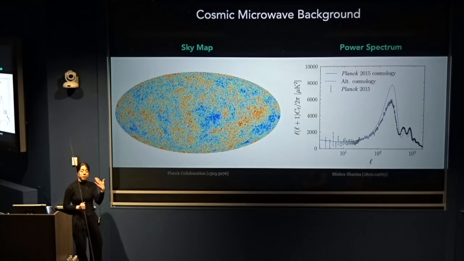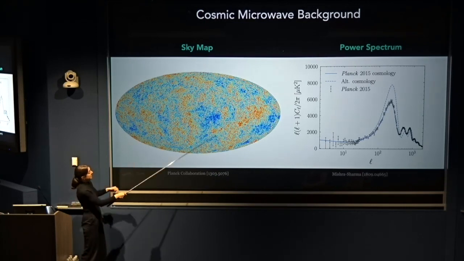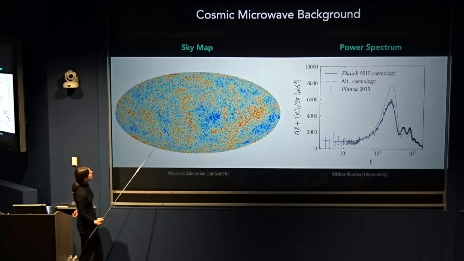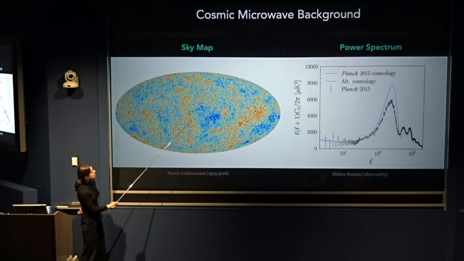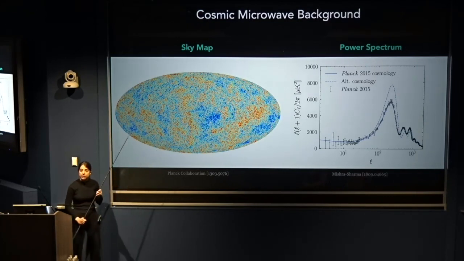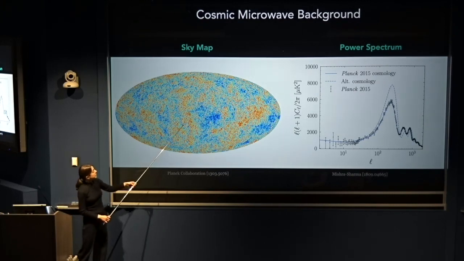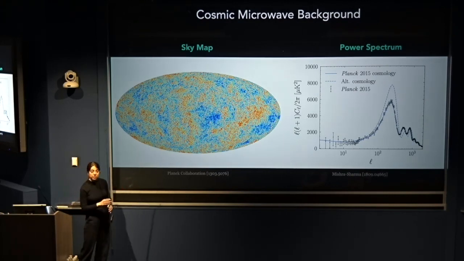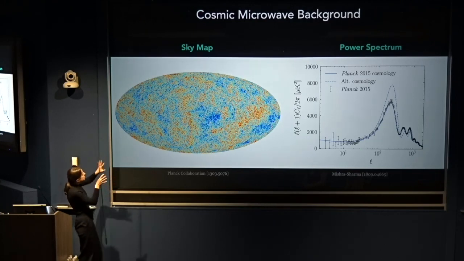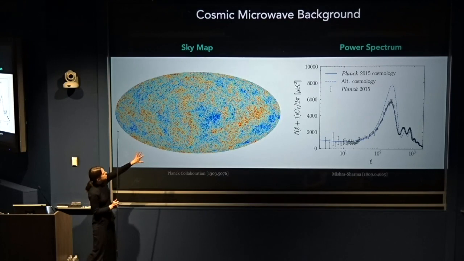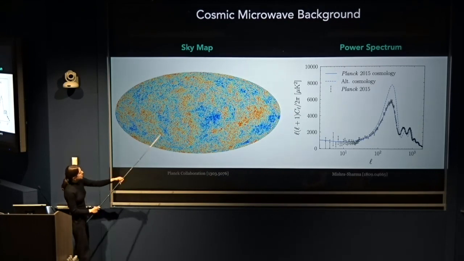We can record those photons from that very, very early epoch in our universe's evolution, and this is what they look like across the whole sky. The coloring here is the temperature of the photons that are recorded, with red being a little bit hotter and blue being a little bit colder. So you see that there are these temperature fluctuations, definitely some kind of structure across this.